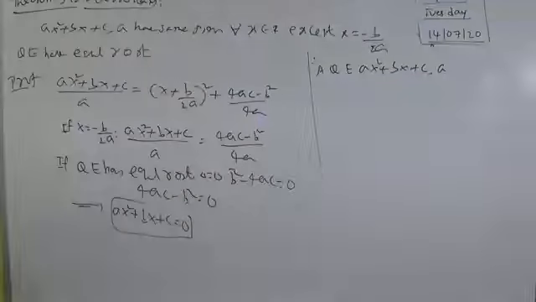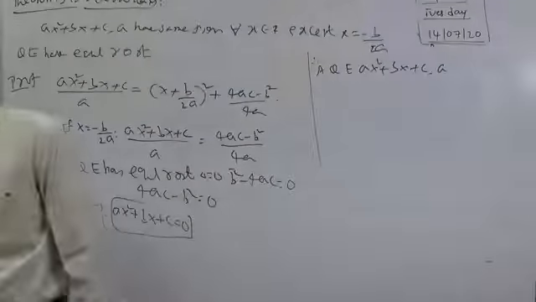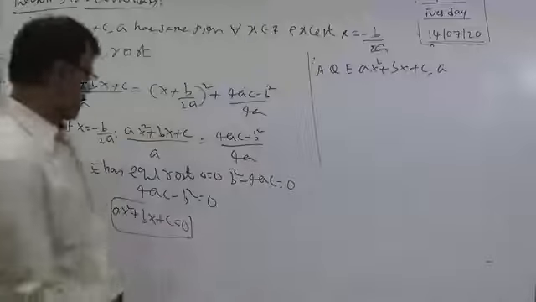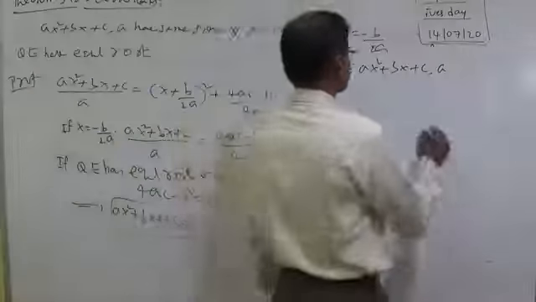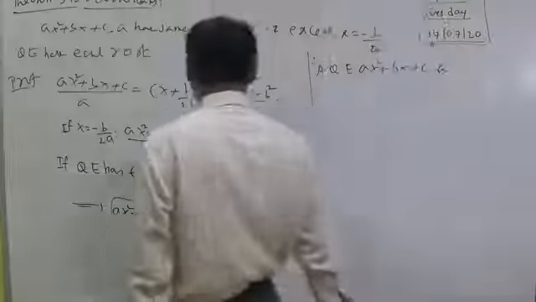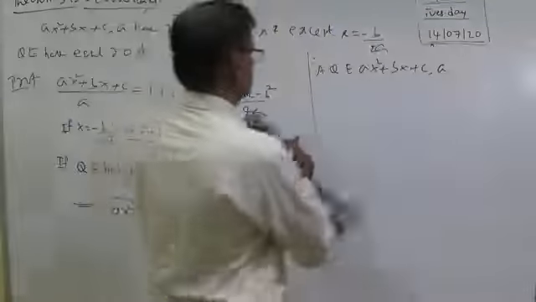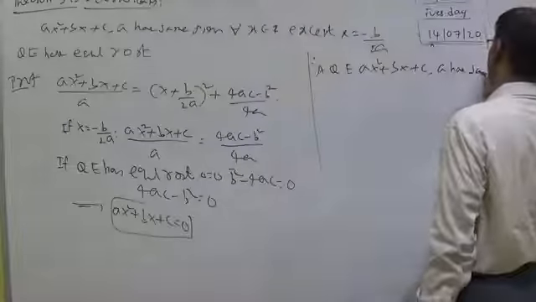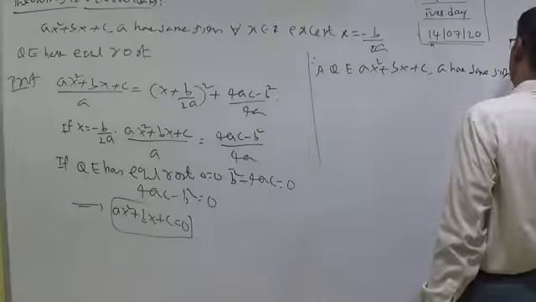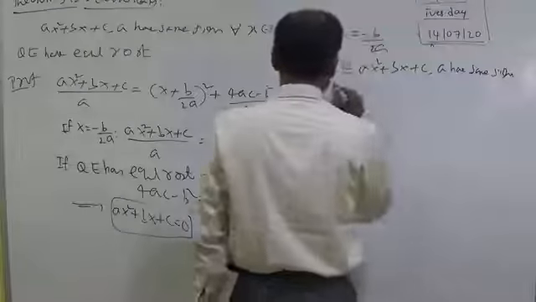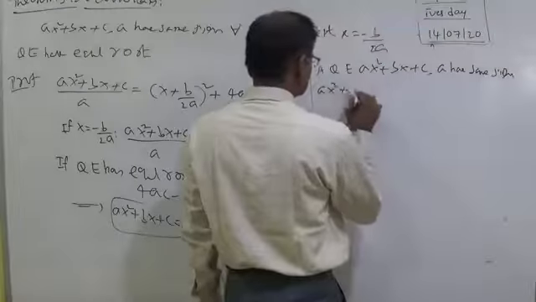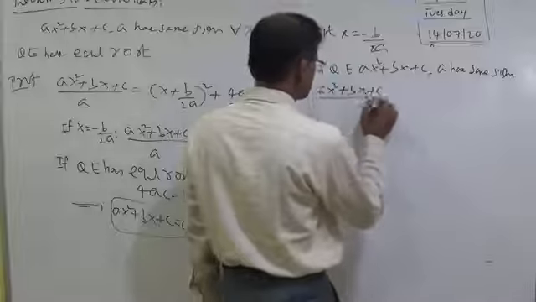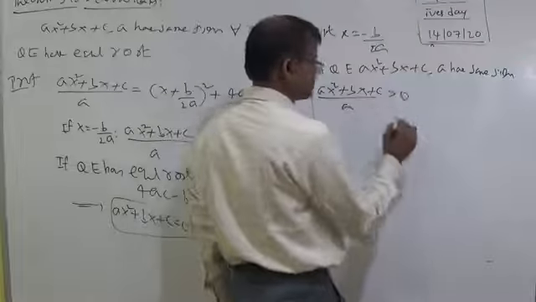If the equation has equal roots, then ax square plus bx plus c and a have the same sign, because for a QE, ax square plus bx plus c and a have the same sign. That means ax square plus bx plus c by a should be greater than 0.